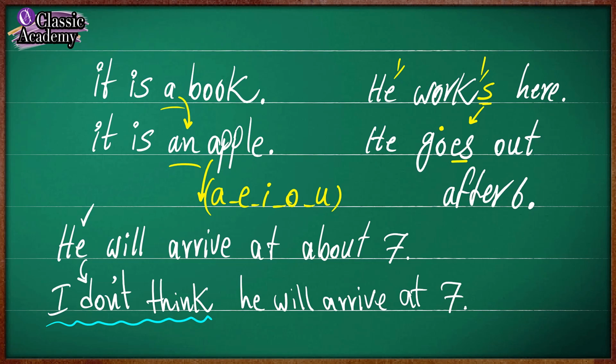I don't think he will arrive at 7. I'm talking about a kind of thing that I believe may happen in the future. I'm not sure. So I say, I don't think. If you are sure, well, you can go for he will arrive at about 7.